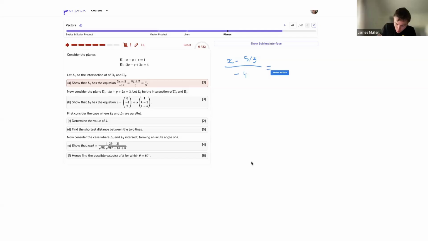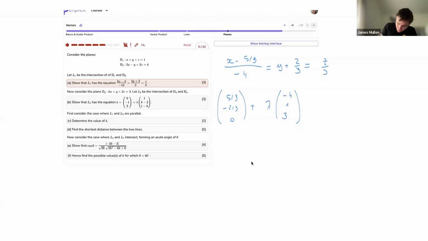And then I'm going to have y plus 2 over 3 if I factor out the 3 from the numerator and denominator, and that's all equal to z over 3. In other words, this line is 5 over 3, negative 2 over 3, 0, plus lambda times the direction minus 4, 1, and 3.